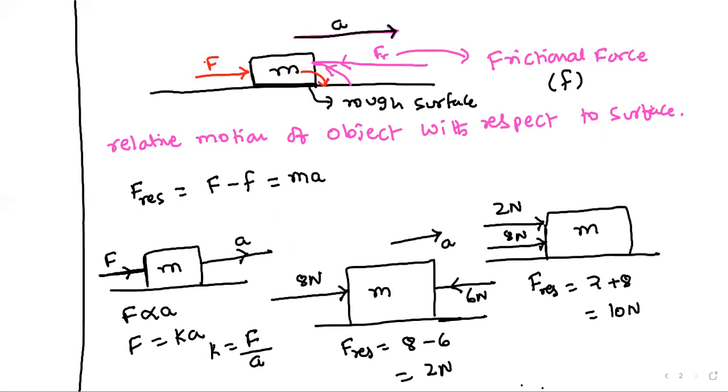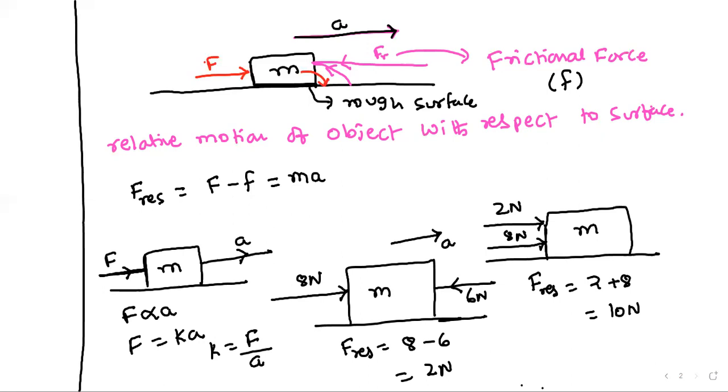Now observe carefully the right hand side, that is F by A. F is the force applied on the object. A is the acceleration obtained on the object.